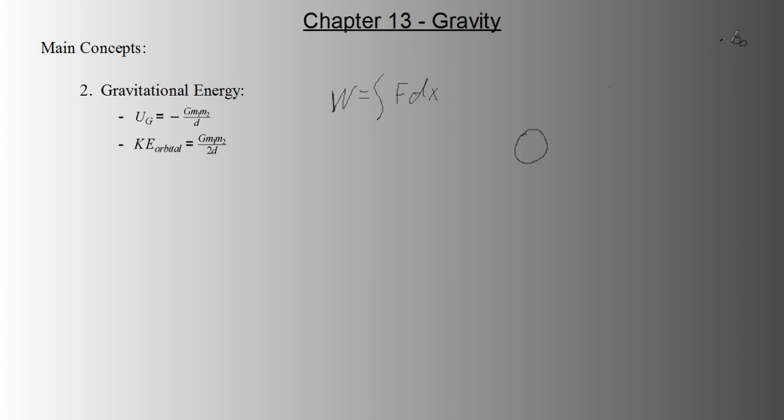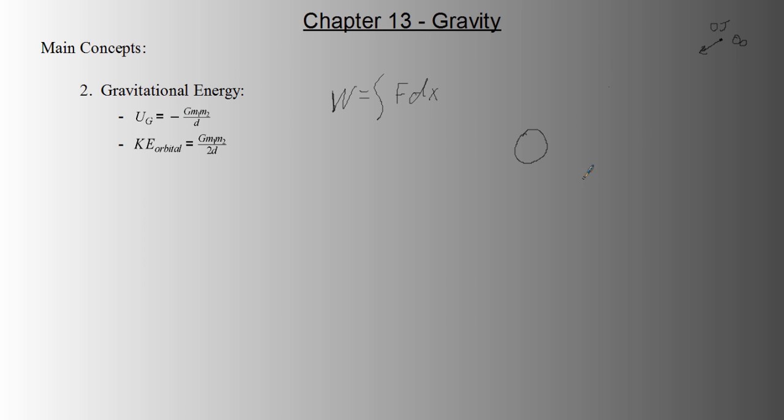So what that means is, just like before, if you start out infinitely far away and you start falling towards a planet or some object, you're going to lose gravitational potential energy, and it's going to turn to kinetic energy, and you're going to get faster and faster. So if you define gravitational potential as 0 joules out here, and you're losing gravitational potential energy, the only way you can go is into the negative numbers, and that's another reason why this negative sign is here.